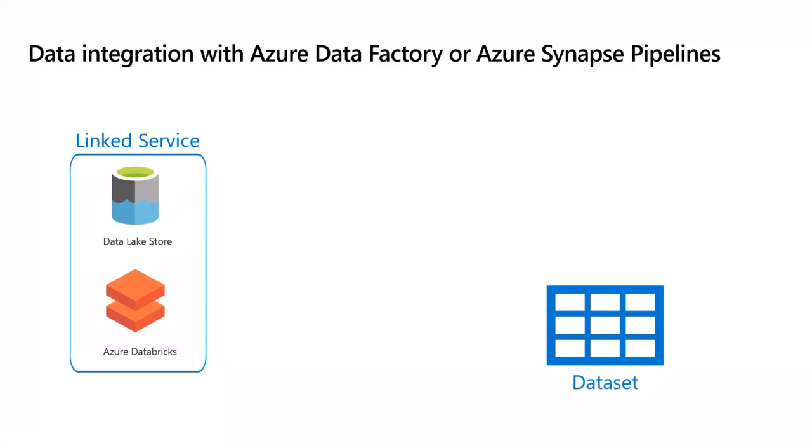Then you have datasets on the other hand. A dataset represents a data structure within a data store. So you have your endpoint here, in our data warehouse, this data store that we want to feed. It's really like a reference pointing to the data that you want to use as an output of your activity.